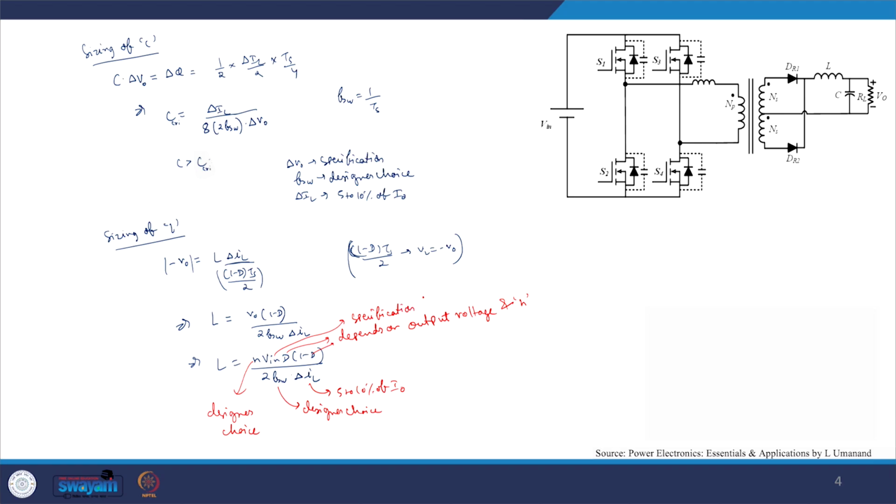Why am I saying designer's choice? Because depending upon what V in and V naught will be, accordingly we can design the number of turns.